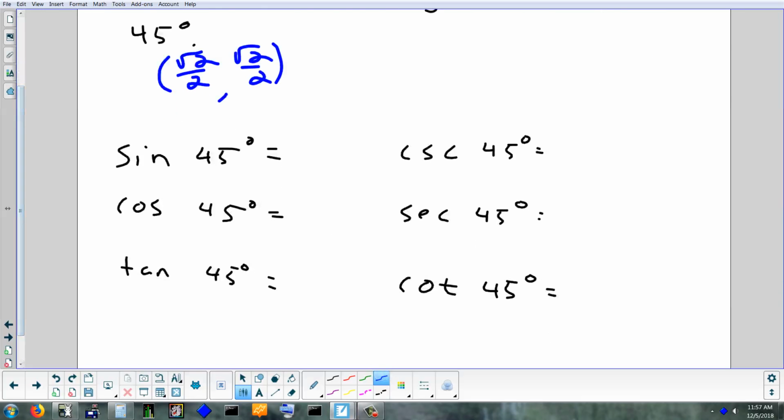So start with the sine. Okay, what's the sine? Square root 2 over 2. And which letter is it? Even though they're the same, if you mix them up, you'd be okay. But it's the y. In general, if you mix them up, it's wrong. So that's your y. What about your cosine?